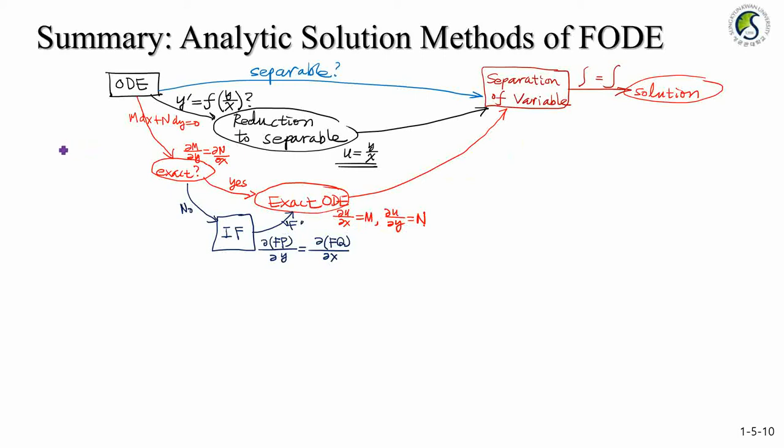The last differential equation type is the linear equation, y prime plus p of x times y equals r of x. This is the kind of equation you're dealing with; you first check if it's linear. And if it's yes, you could check if it's homogeneous by knowing the input.